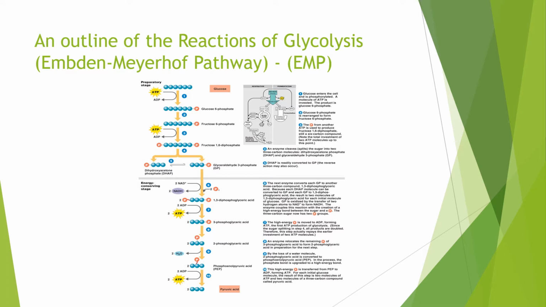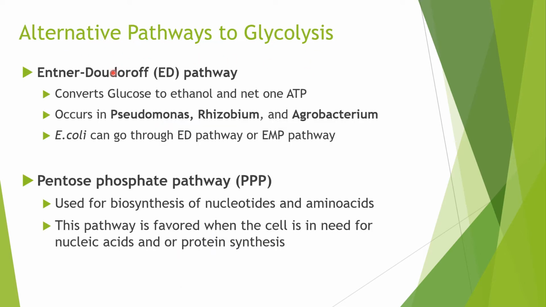Now, some bacteria actually use an alternative glycolytic pathway. They go through other glycolytic pathways, such as the ED pathway and the triple P pathway. The ED pathway is an alternative pathway to glycolysis, and it's called the Entner-Doudoroff pathway.